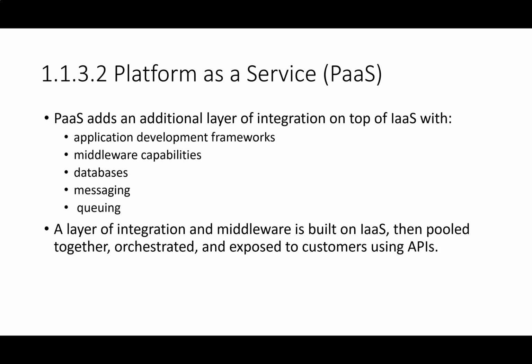The layer of integration and middleware built on top of infrastructure as a service, and then pulled together, orchestrated, and exposed to the customer, again using application programming interface rather, also known as middleware.